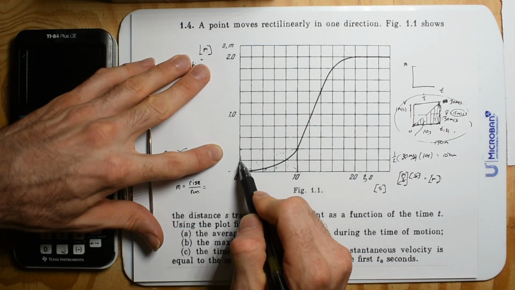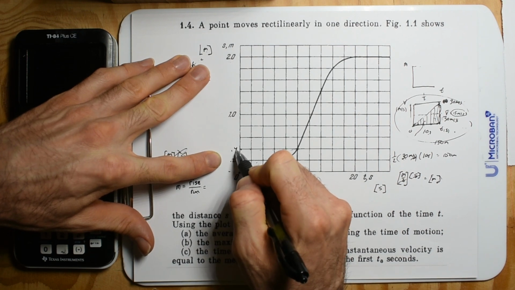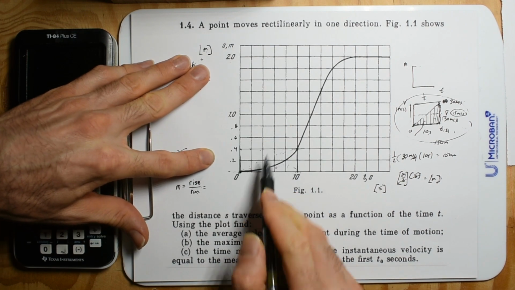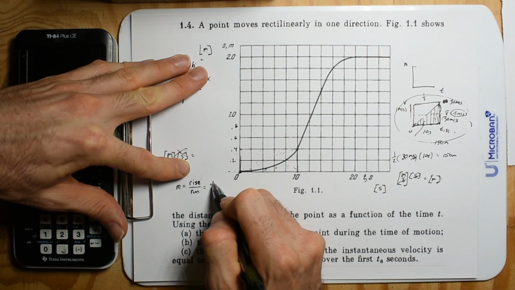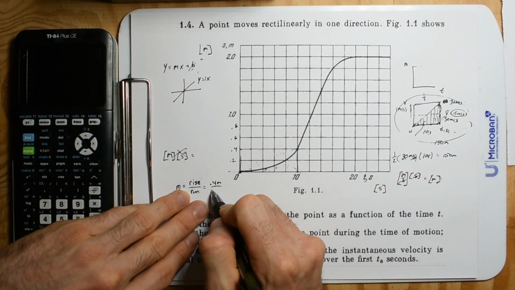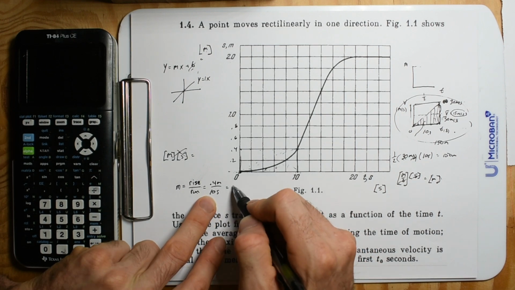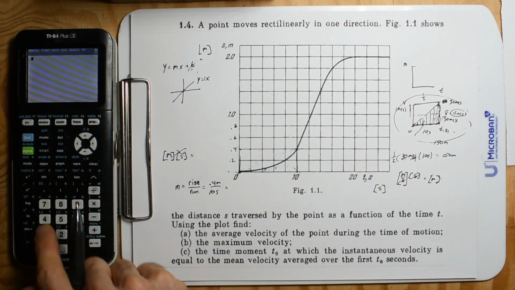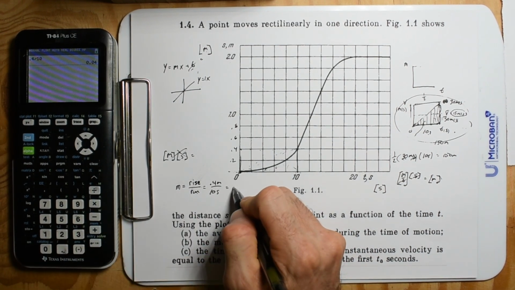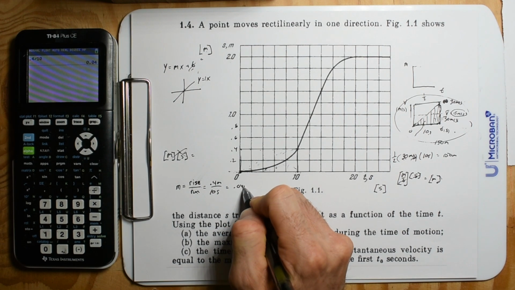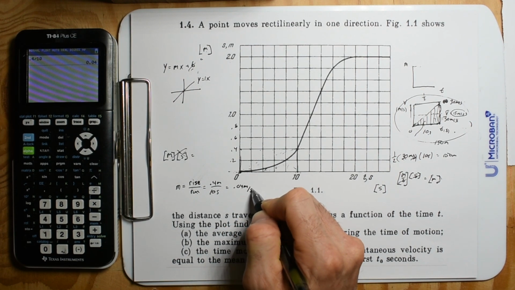So what do we get? 0.2 meters, 0.4, 0.6, 0.8. So we're going to do 0.4 meters in 10 seconds. So the slope of this line actually gives us the velocity. So 0.4 divided by 10, and we get a velocity of 0.04 meters per second.